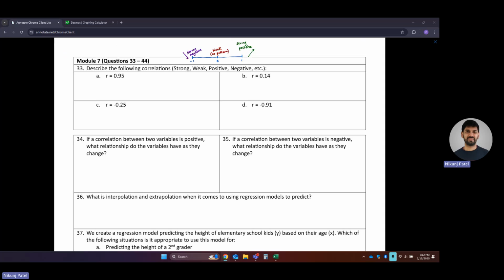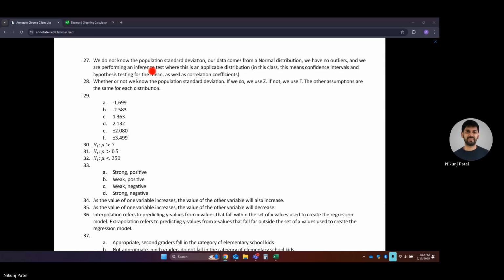Actually, I'm going to flip over to that page just to look through it. Yeah, so right here it says we do not know the population standard deviation. It lists a few other things. Our data comes from a normal distribution. We have no outliers. And the confidence levels and the hypothesis testing for the mean, as well as the correlation coefficient, are all applicable in this type of distribution.